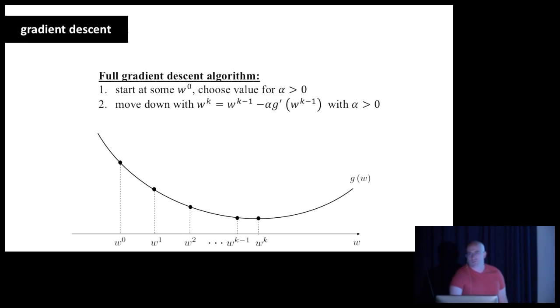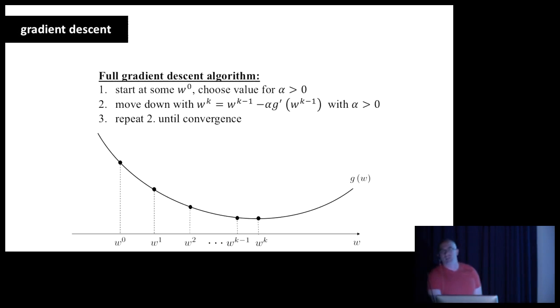You move downwards at the k minus 1th point: I take that point and subtract off alpha times the derivative at that point. That means I'm traveling downward on the associated tangent line, then basically hopping back onto the function. Then you repeat that until convergence. And oftentimes, people just set this alpha the same for every iteration of gradient descent, and maybe they play around with it a little bit to make sure the algorithm converges properly.